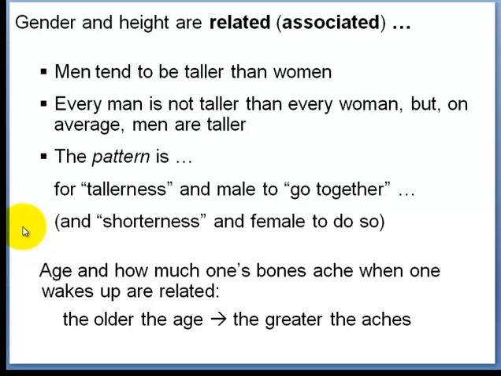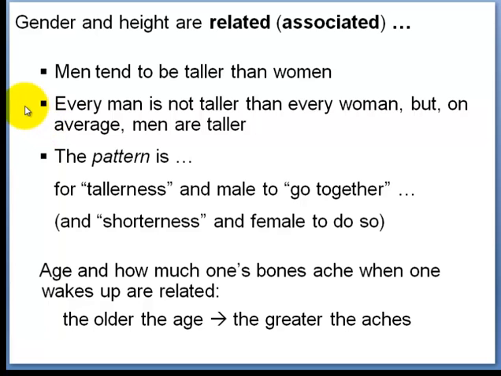So male tends to go with tall, female tends to go with short, and that's the core idea behind relationship. So we can say then that gender and height are related. And it's the pattern, the trend, that establishes relationship.